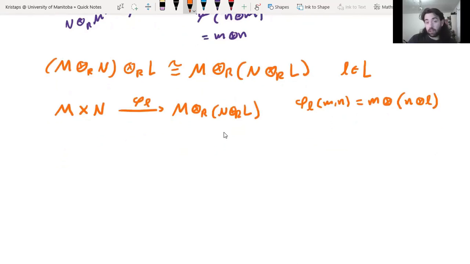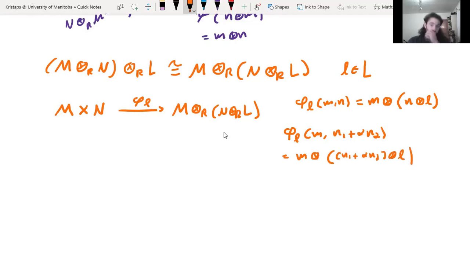So I'm just going to do the calculation in one component, and you'll see that it's basically the exact same thing in the second component. We have phi sub L of (m, n1 plus alpha n2). By definition, that is m tensor (n1 plus alpha n2) tensor l.